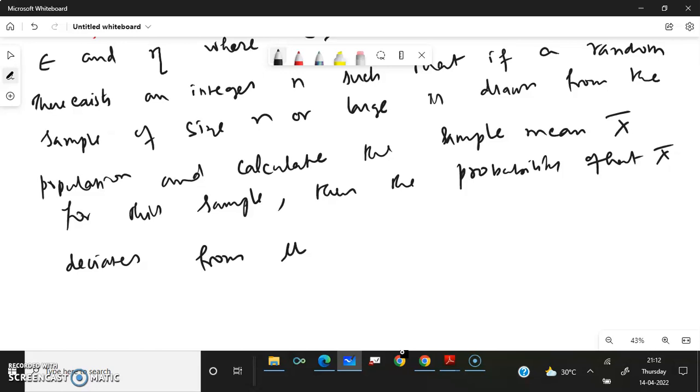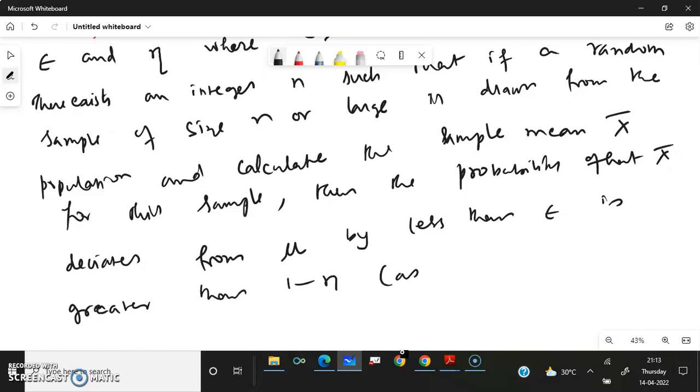So the probability that x bar deviates from mu by less than epsilon is greater than 1 minus eta, meaning as close to 1 as desired.